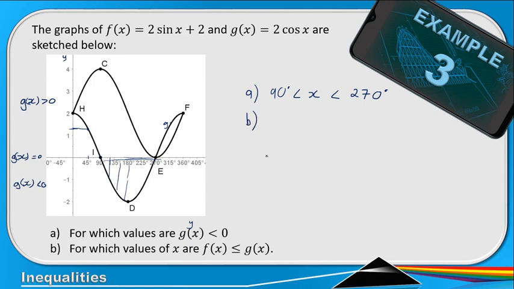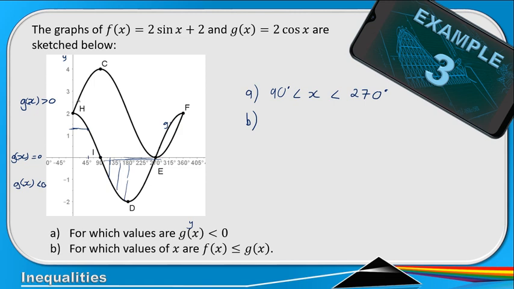Then another type of question we can expect: for which values of x is f(x) less than or equal to g(x)? Now it has these two equations that we're comparing to each other, and when we look at this graphically, if I say f(x) is less than g(x), it basically means where is my f function lying below my g function, because whenever the f function lies below the g function, its y value will be less than that of the g function.